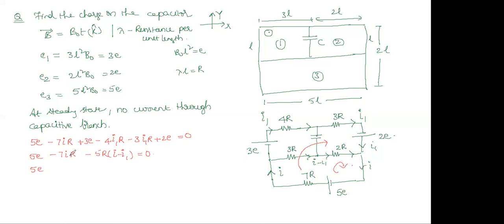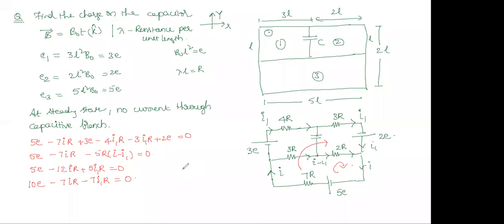So 5E minus 7IR minus 12IR plus 5I1R equals 0. Then 10E minus 7IR minus ... Solve the equation, solve for I and I1.